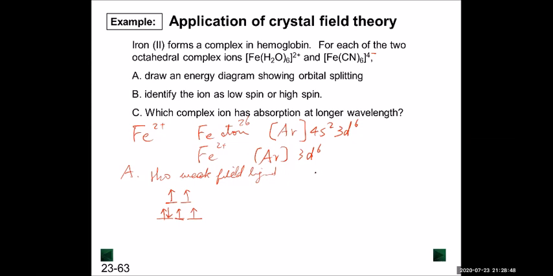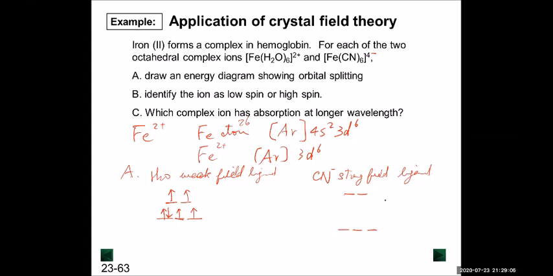Next one, with cyanide. Cyanide is a strong field ligand. With a strong field ligand, the gap between these 2 d orbitals is large.